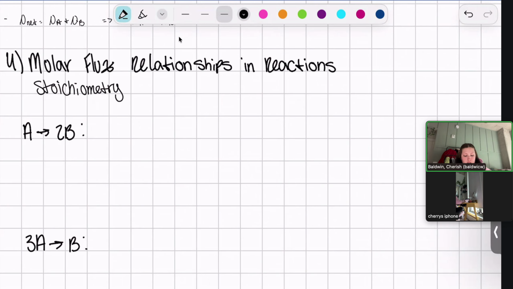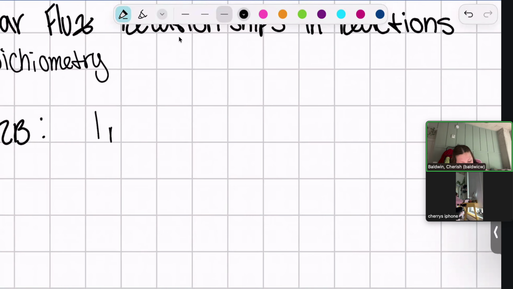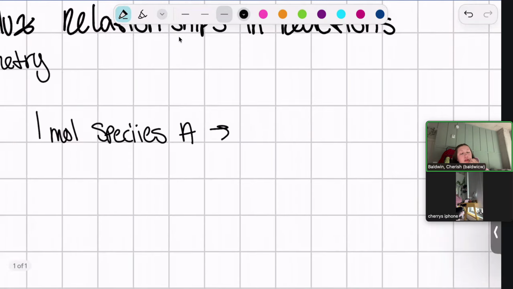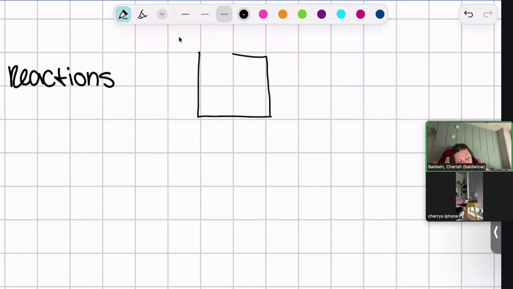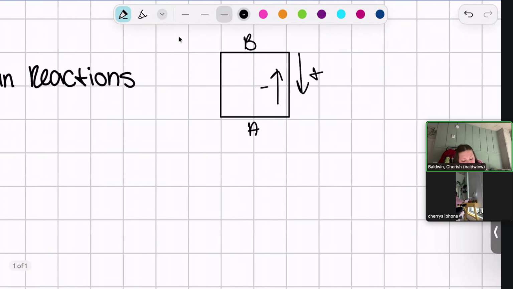So if we're looking at species A going to 2B, 1 mole of species A is going in the negative direction. We're going to think of it like a block: this is B, this is A, this is the positive direction, and this is the negative direction.